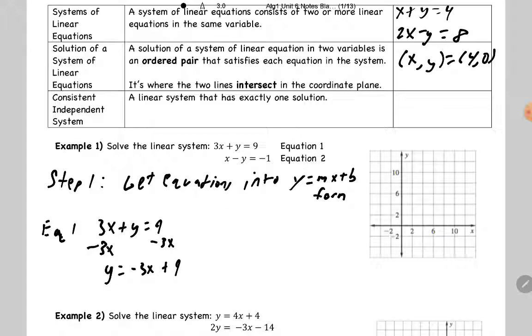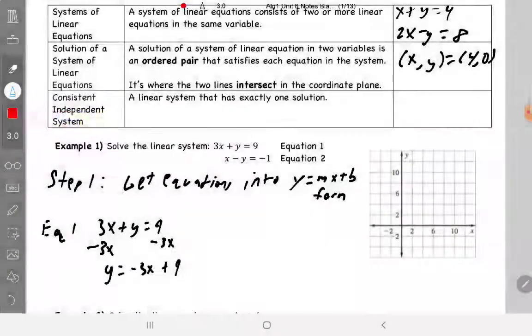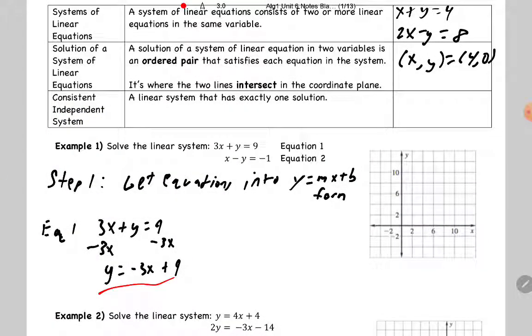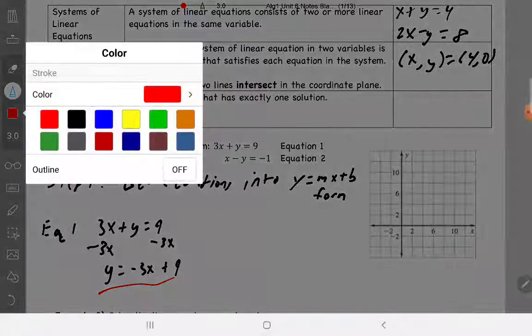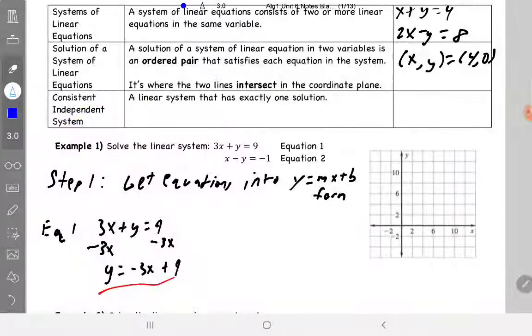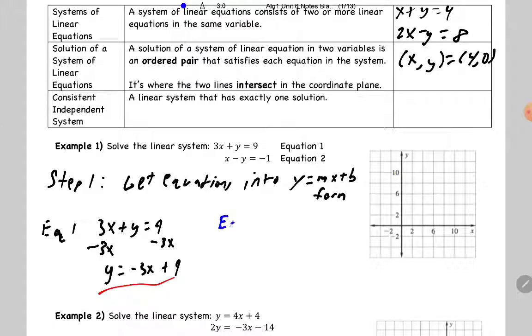Now let's do this in a different color. This one will be red, and this one will be blue. Equation 2, x minus y equals -1. I'm going to subtract x over, so I'll have negative y equals negative x minus 1.